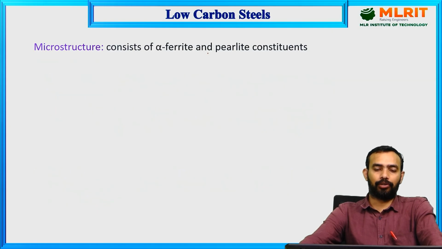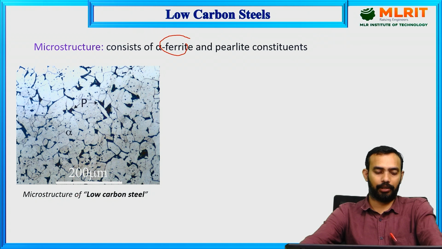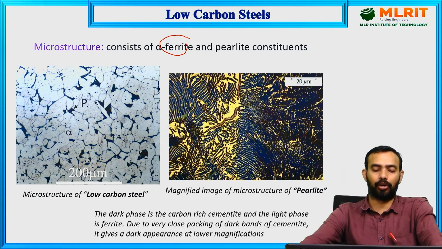If you look at the microstructure, it consists of alpha ferrite and pearlitic constituents. So if I can show the microstructure, these bright regions indicate the alpha ferrite, and these dark regions indicate the pearlitic structure. And pearlite is the combination of cementite and ferrite.